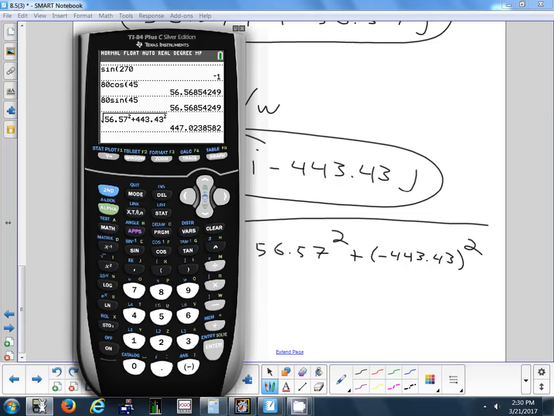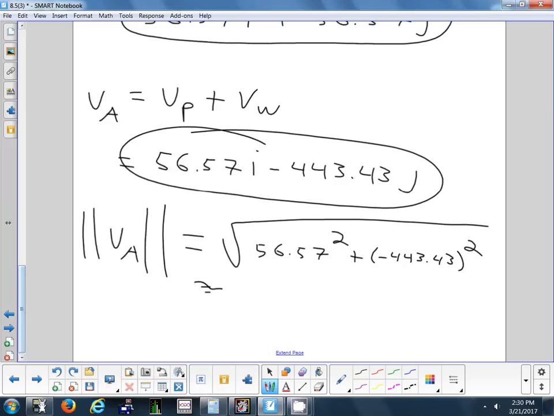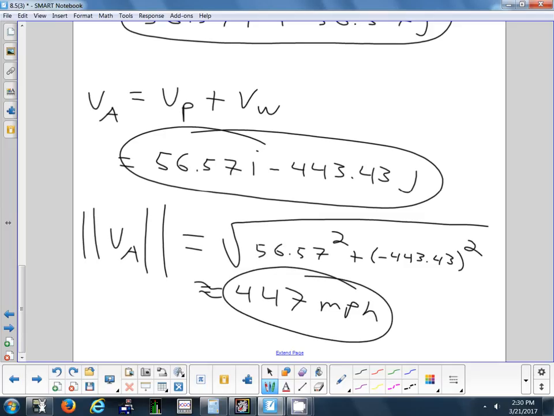So in terms of the ground, the plane is only going to be going 447 miles an hour. Even though the pilot thinks he's going 500, that's because the wind is fighting him. So 447, that's close enough. That's the speed if somebody had a radar gun on the ground and could radar the plane. That's what the radar gun would say.